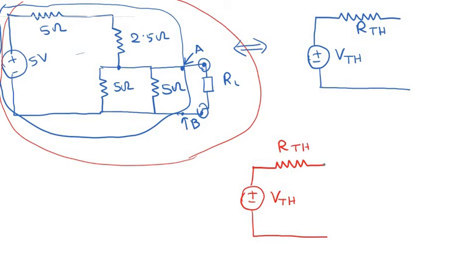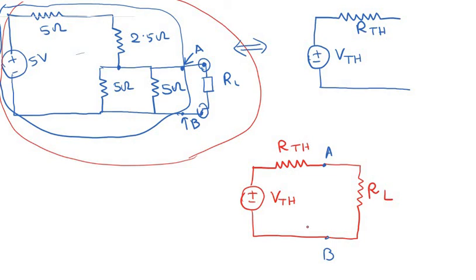So these two are the points A and B, and there is a resistance RL connected to points A and B. So the equivalent circuit for the entire thing basically looks like this.